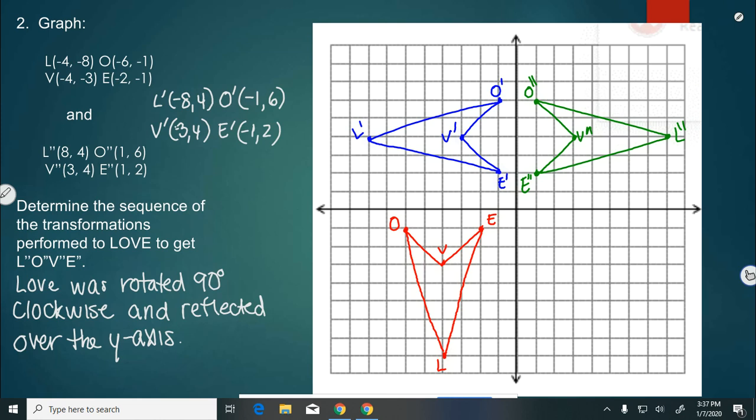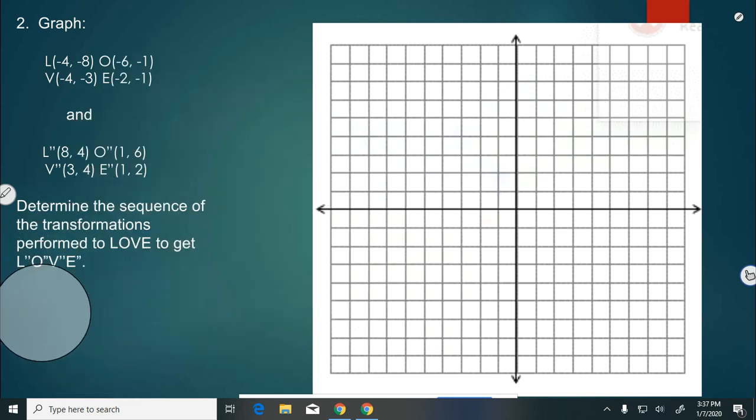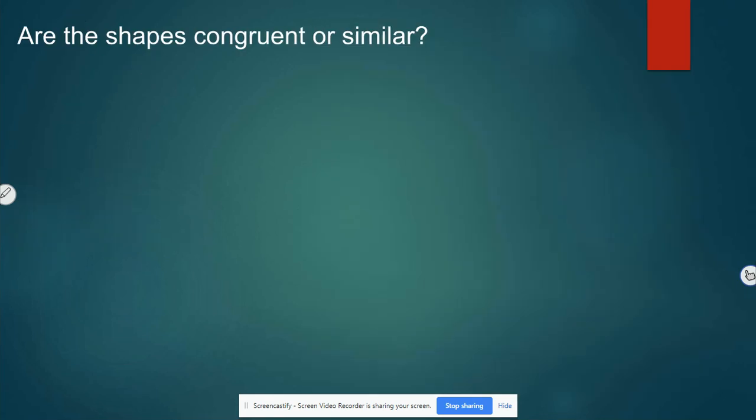A dilation would create a similar shape. All right, so those shapes are congruent. Again, we could say that they're congruent because a dilation did not occur.